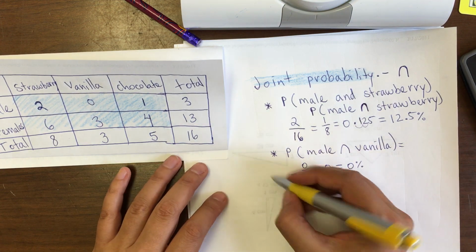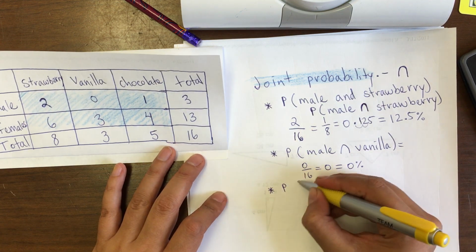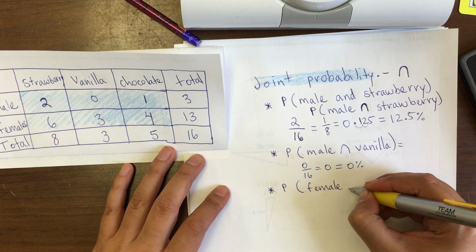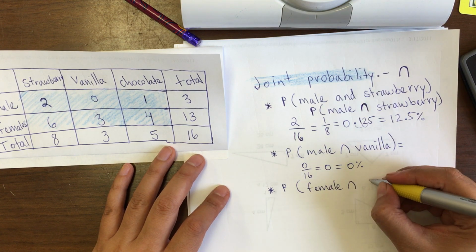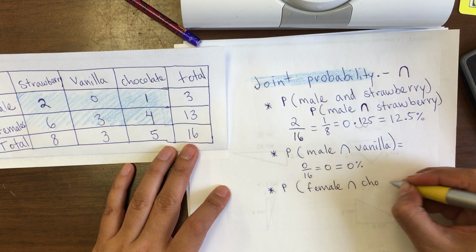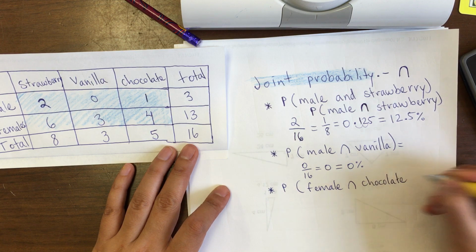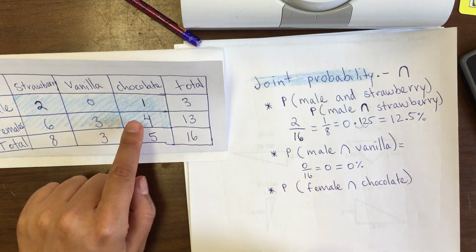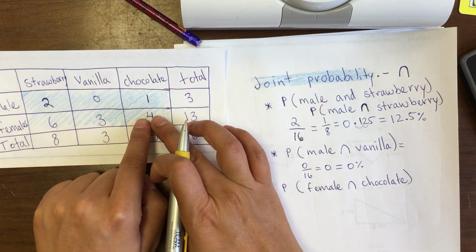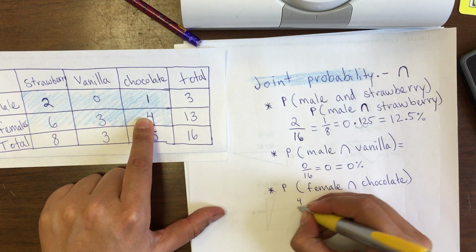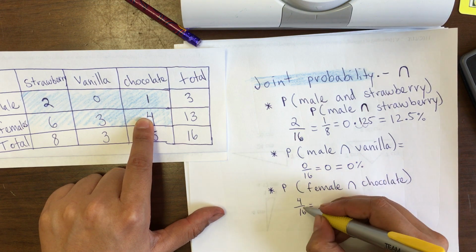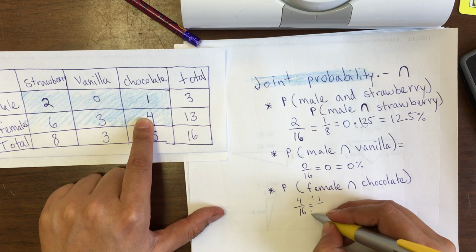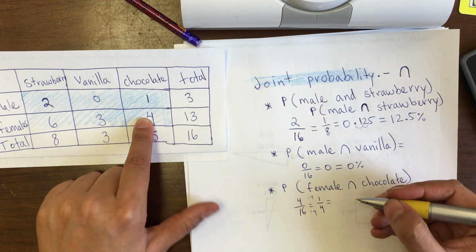And maybe what's the probability of somebody being female and liking chocolate? So the probability of being female and liking chocolate will be 4 out of 16, which if we divide both by 4, is 1/4.